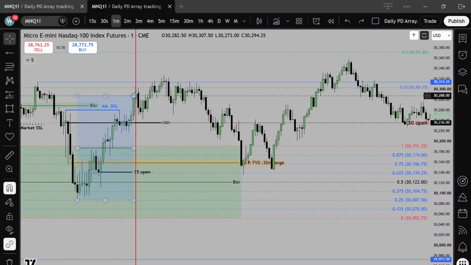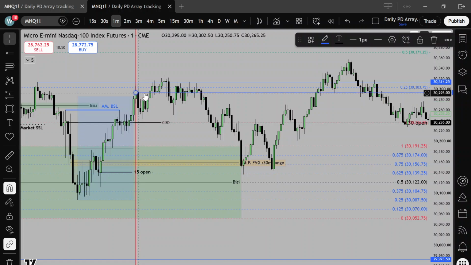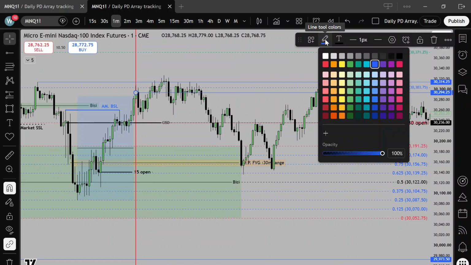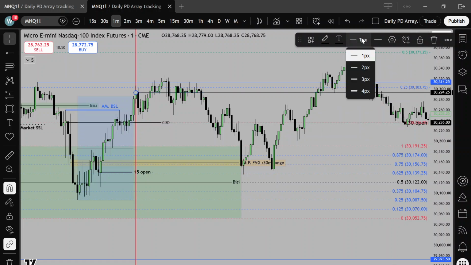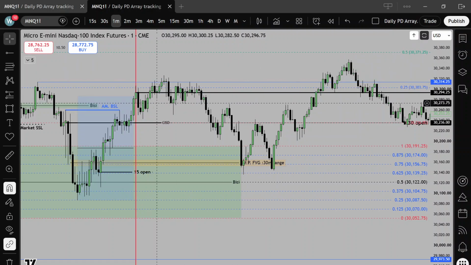So here we have 10 o'clock opens right here. There is, let's make it black and a little bigger. So 10 o'clock opens, trades down, trades back up, takes out this high here, as well as this pre-market buy side.